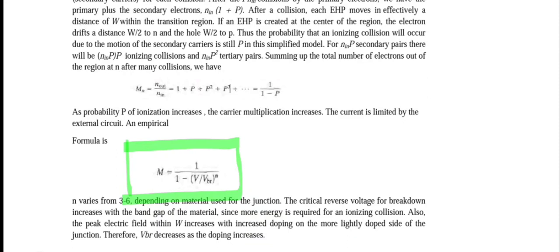So the empirical equation for the electron multiplication factor is 1 divided by 1 − (V/V_BR)^n, where n is material dependent. The critical reverse voltage for breakdown increases with the band gap of the material, since more energy is required for an ionization collision.